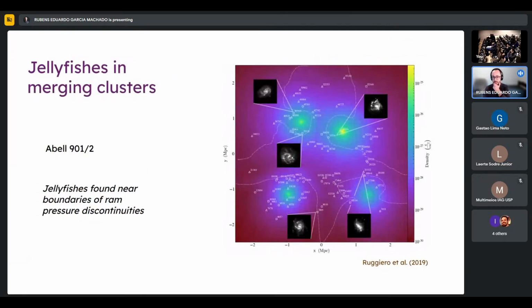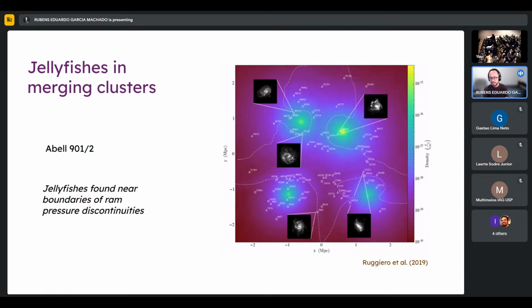Just to mention one of them very quickly before moving on to the next topic of sloshing. This is something that connects already with our question of what happens when galaxies undergo this mechanism in merging clusters, in clusters that are undergoing collisions. So in this paper a couple of years ago, we studied a collision between four subclusters in this cluster here, Abell 901/902, in which we found that jellyfish galaxies appear to be found preferentially near the boundaries of ram pressure discontinuities.